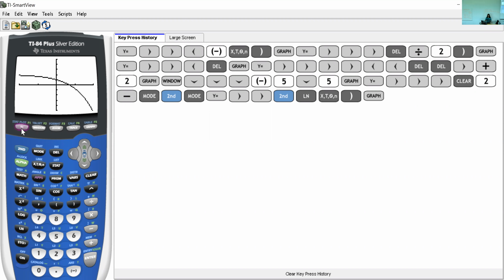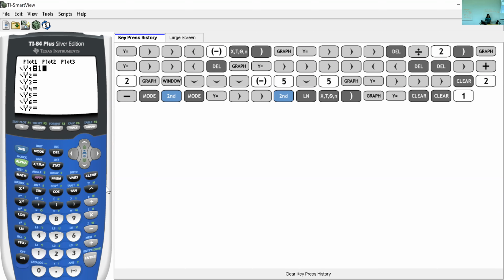Here is a good scenario. 1 divided by, before I start typing, parentheses, 1 minus e raised negative x.